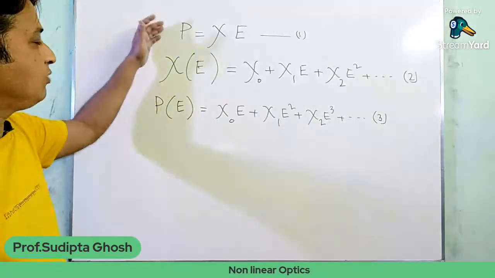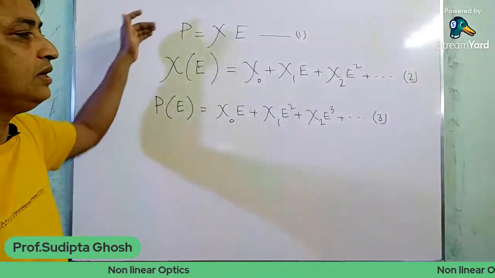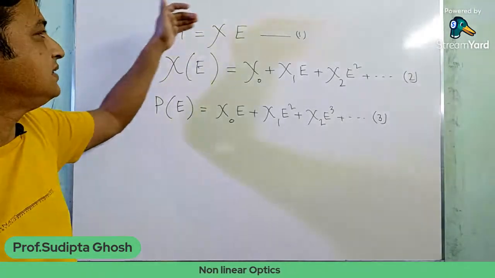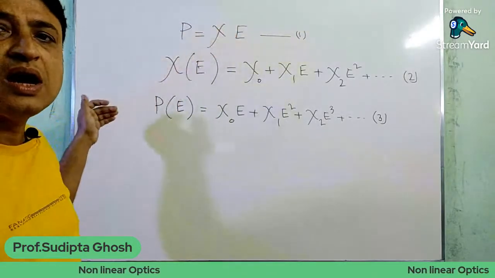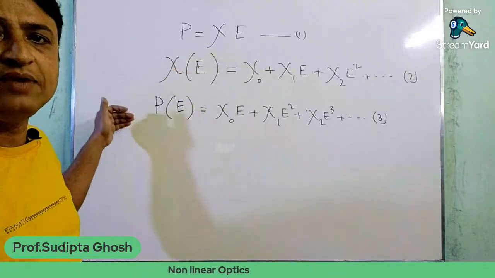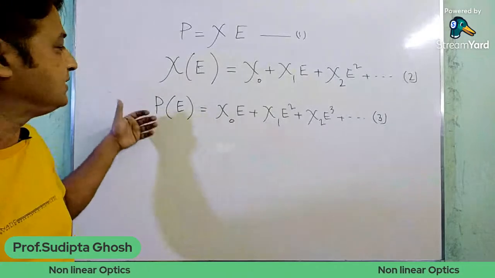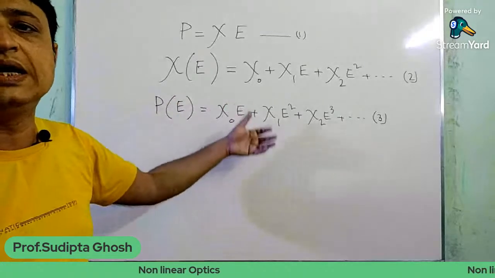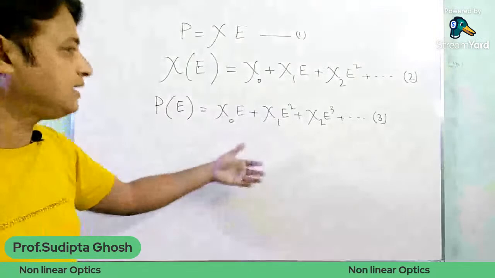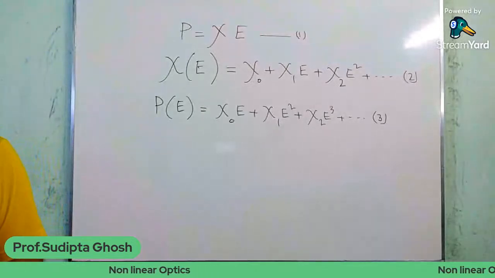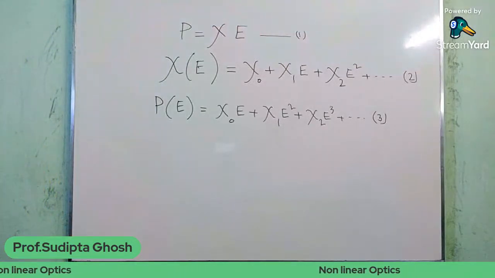If we compare equation 3 with equation 1, in equation 1 we found that P is a linear equation in E. After putting the value of chi from equation 2 in equation 1, we have equation number 3, and this equation tells us that the dielectric polarization capital P is no longer a linear function of capital E, but becomes a non-linear relationship with capital E. Right? So this is the non-linearity of an optical medium.